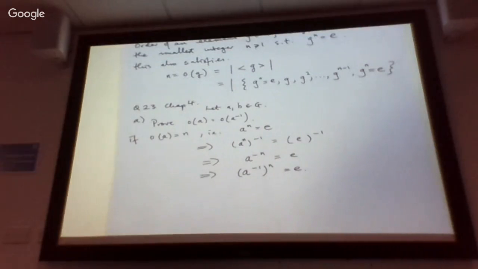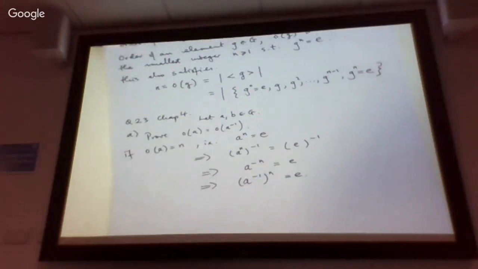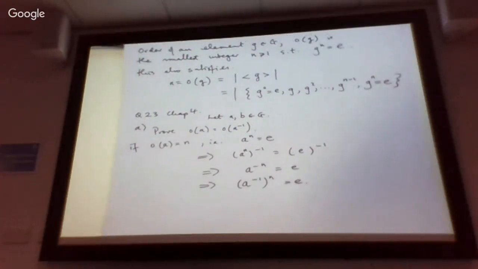Now, that proves that when you raise a inverse to the power n, you get the identity. That doesn't quite prove that the order of a inverse is equal to n yet, because who's to say that there isn't a smaller n such that a inverse to the power n is equal to the identity.